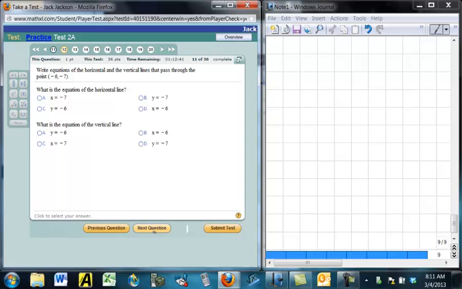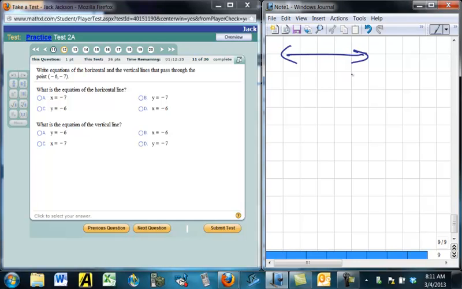Okay, horizontal and vertical lines. A horizontal line straight across sideways is, well, first of all, this is going to go through -6, -7. There's a point there, and we want a horizontal and vertical line through that point.